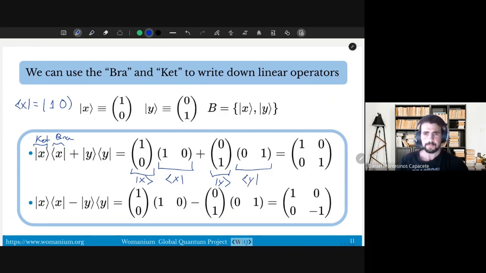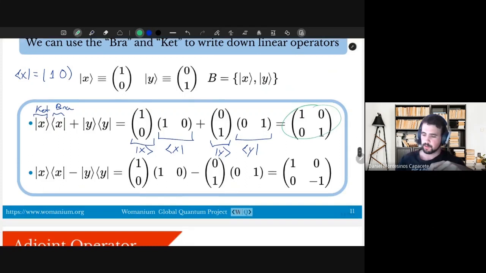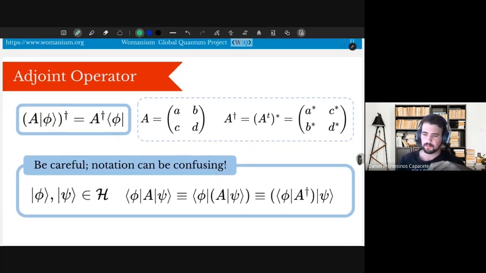If you do the matrix multiplication, you multiply this by this, you get 1, multiply this by this, you get 0, and you get this matrix, and this can be a linear operator. You can write a linear operation in this way, and this will be useful in quantum mechanics for a lot of things. So let's move on because there are more things to explain.